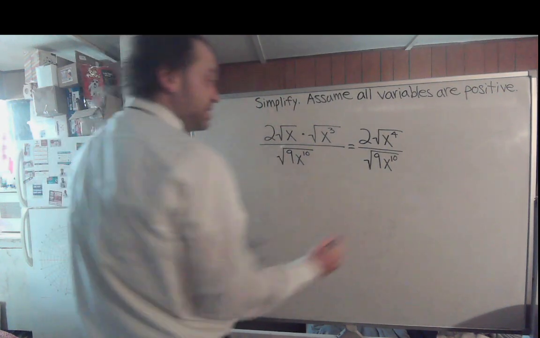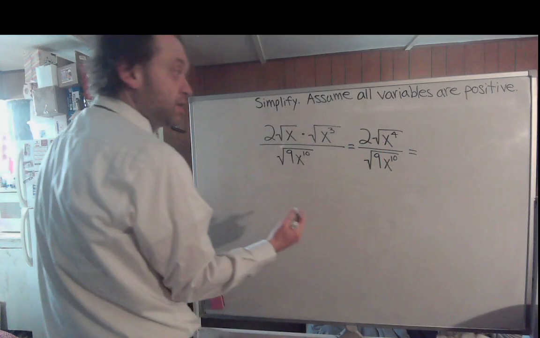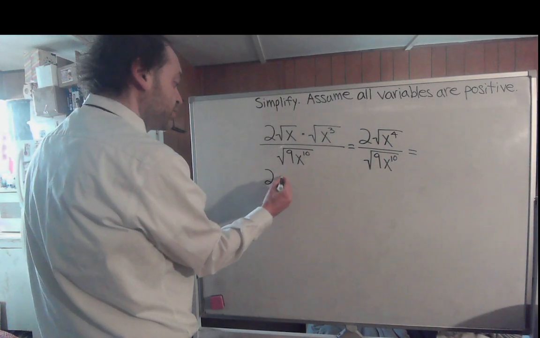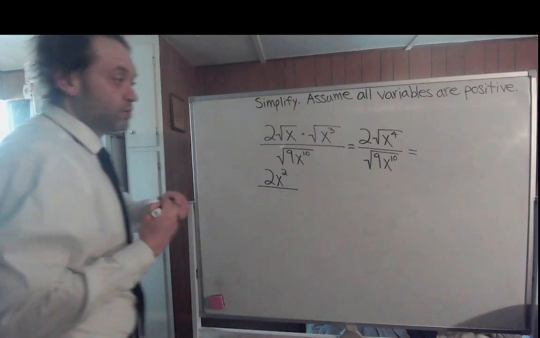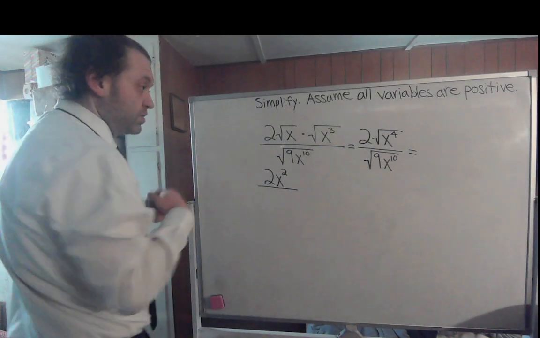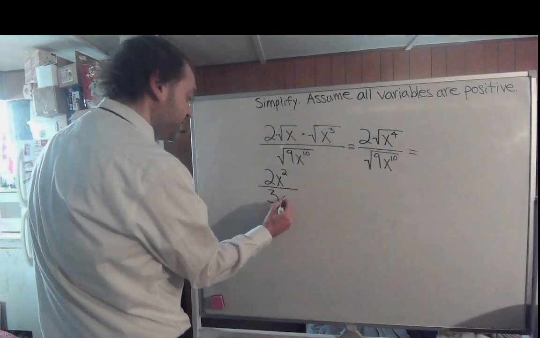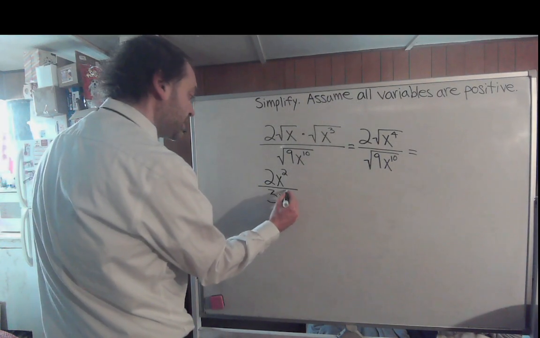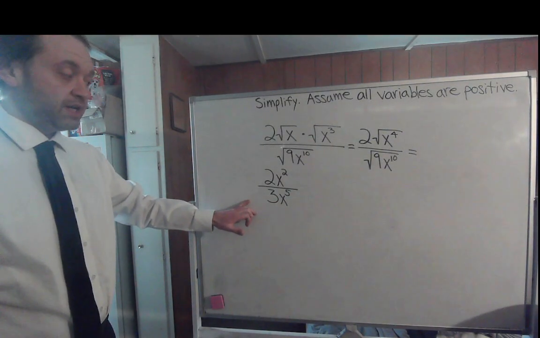All right, now let's simplify these. So square root of x to the fourth is what? That's x squared. So in the numerator, you'll have 2x squared all over your denominator. What's the square root of 9? Well, that's 3. Square root of x to the 10th is x to the fifth. So now you have 2x squared over 3x to the fifth.